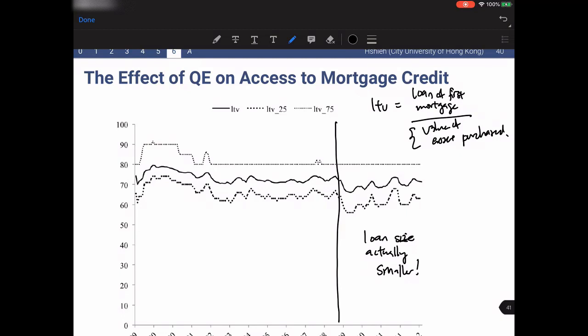Okay, so again, the black line is the median LTV. This is the 75th percentile LTV. And this is the 25th percentile LTV.